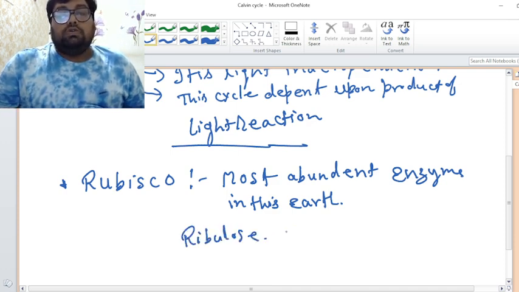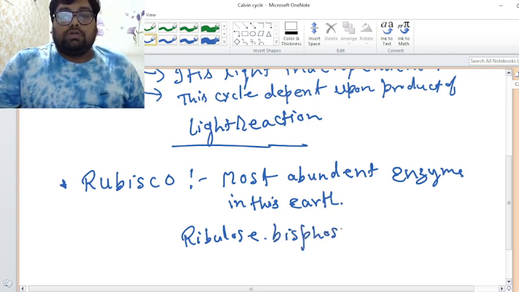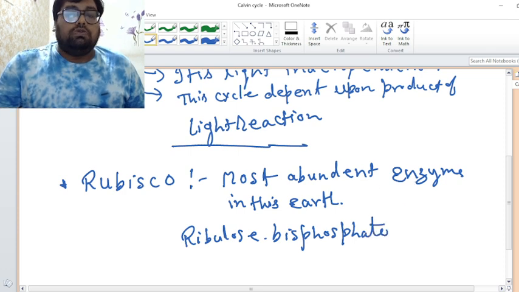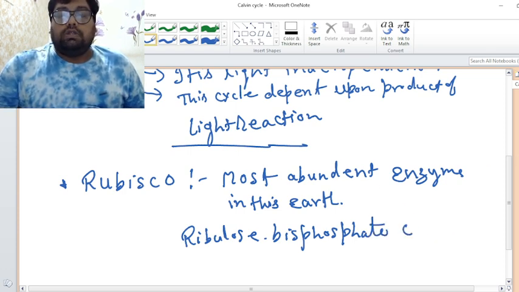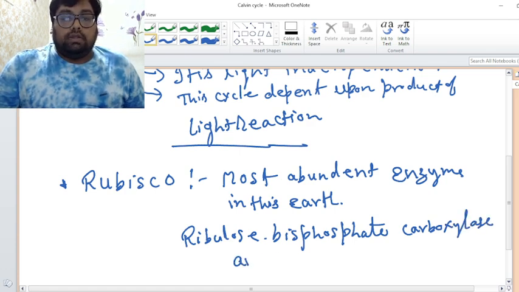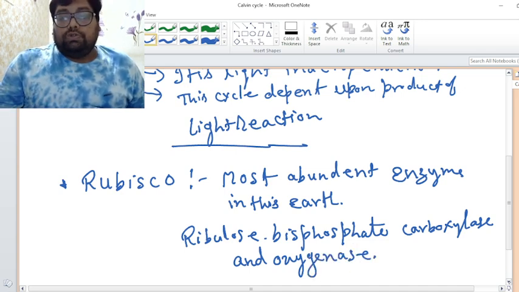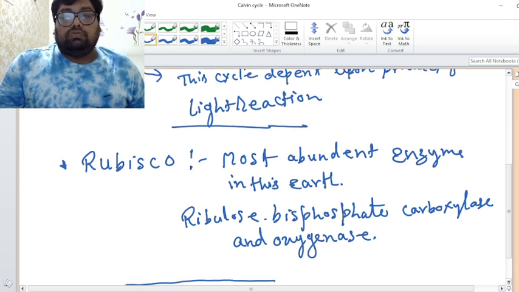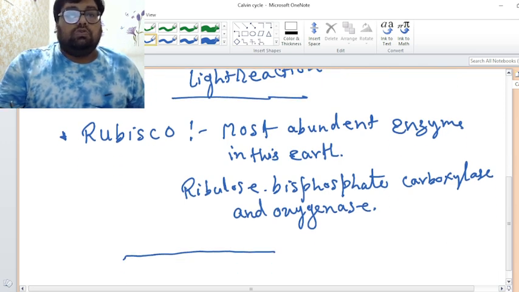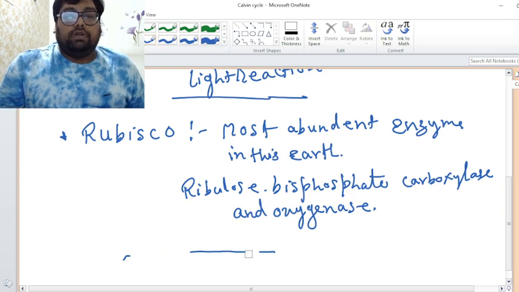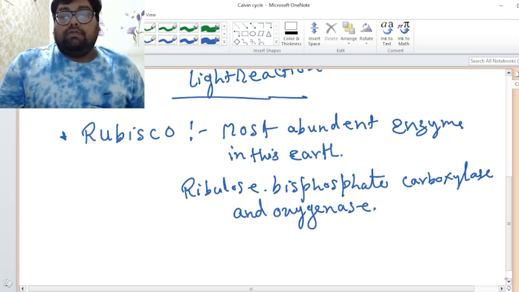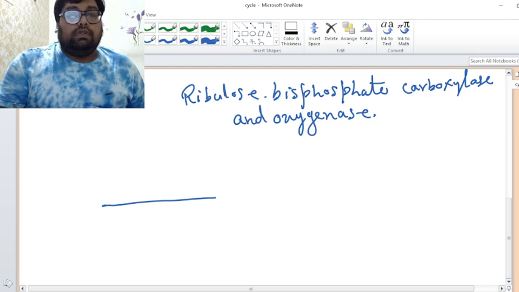The full form of Rubisco is ribulose bisphosphate carboxylase oxygenase. How it works, we will see in its function further.